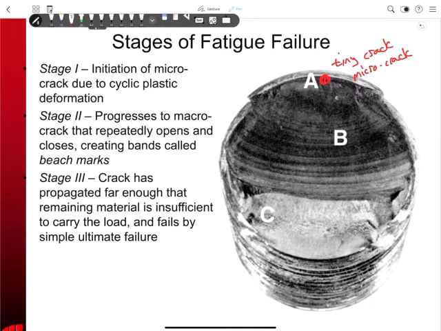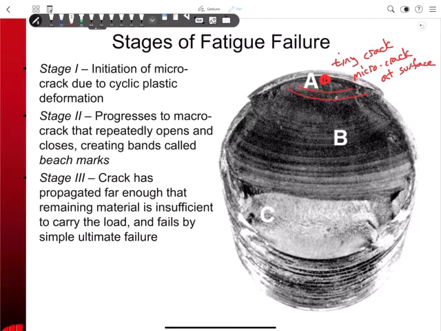Every time we repeat the loading, the crack gets a little bit bigger, and then a little bit bigger. So this is a bolt or something like that. It originally had some cross-sectional area, and now it's got less because this crack has formed across. This is at the surface, actually.